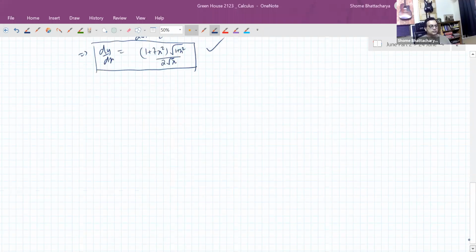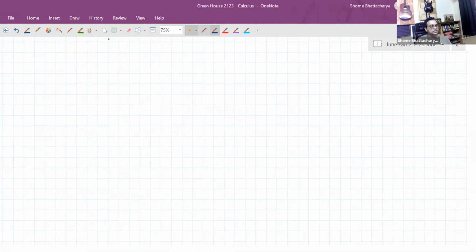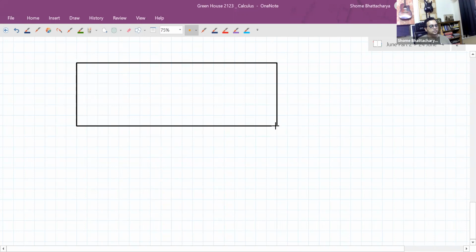So let's visualize this question in a bit more detail. Let us say this is our approximate diagram of our gas cylinder.